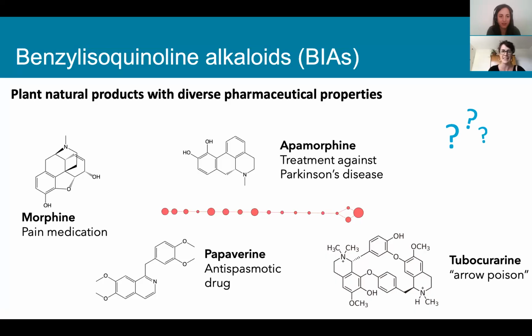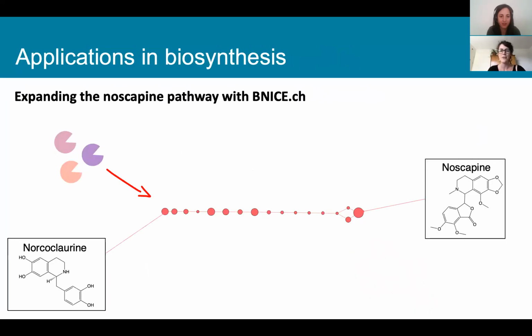And our question was, what other compounds can be produced from this pathway by derivatizing noscapine pathway intermediates in the yeast? And so for this, we took our tool, BeNice, and we applied these reaction rules to the pathway. So here, we just applied it to this part of the pathway, starting from norcochlorine, which is the precursor of noscapine.